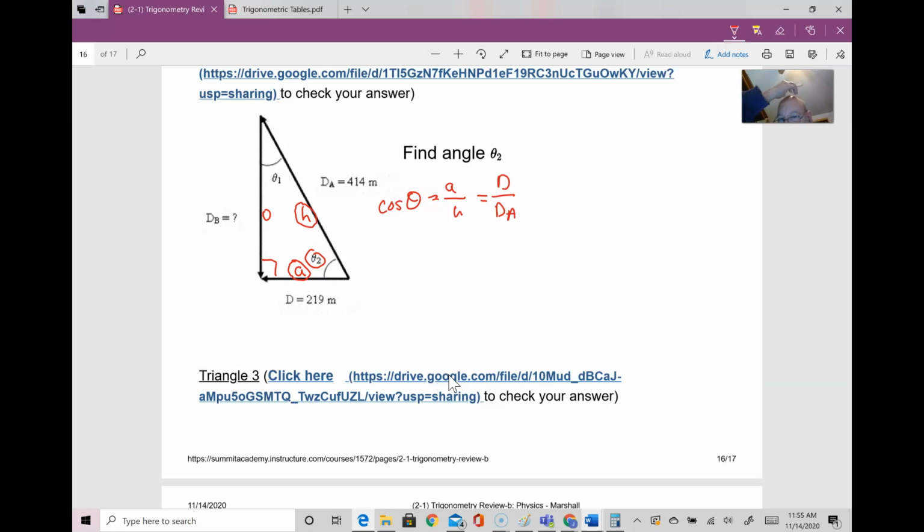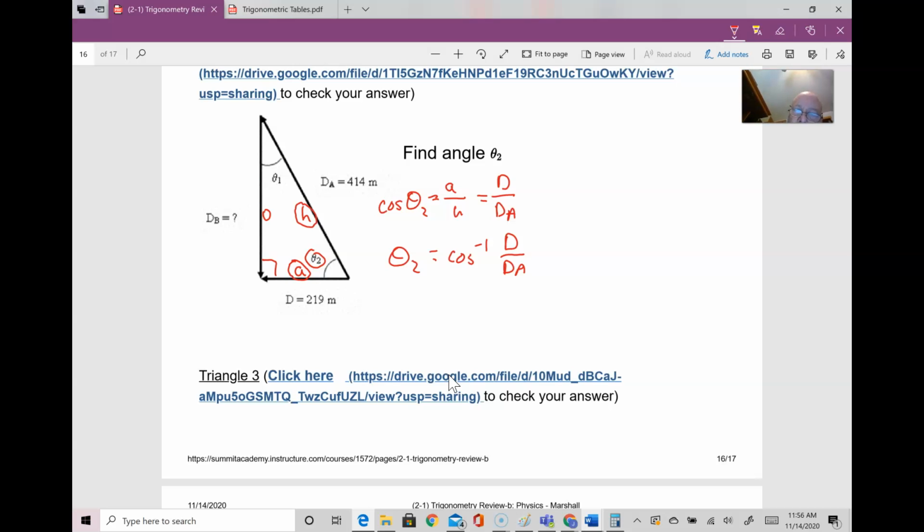Okay, and what do I want? I don't want the cosine of theta, I want theta. I want theta, and it's actually theta 2. So I'm going to say theta 2 equals cosine to the -1 of D over dA.